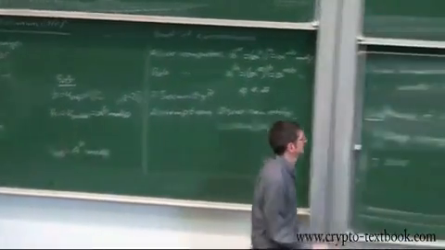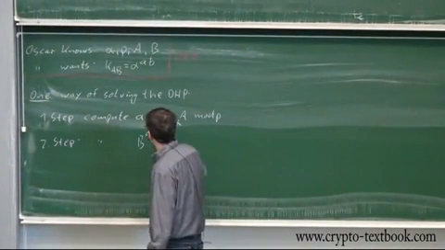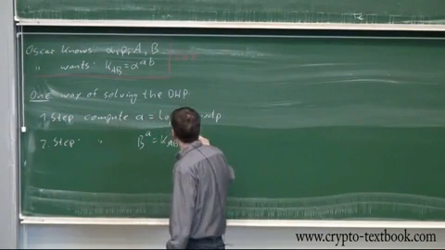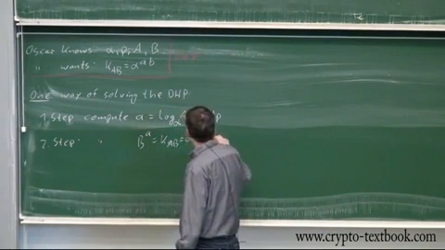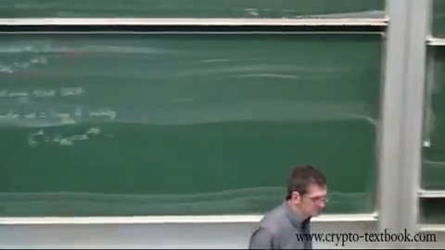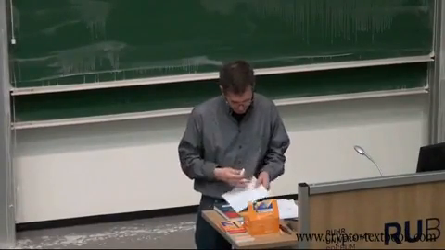He takes B to the a-th power, and he computes KAB, which is alpha to the a b mod p. Okay, so that's it.